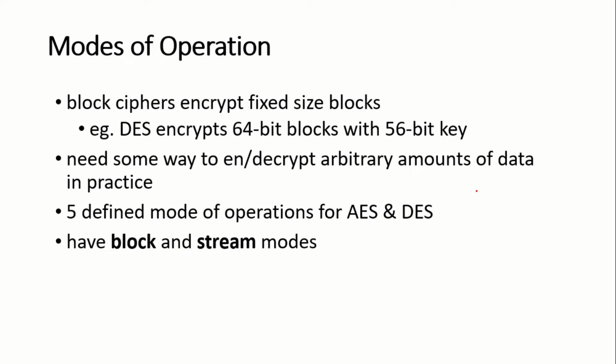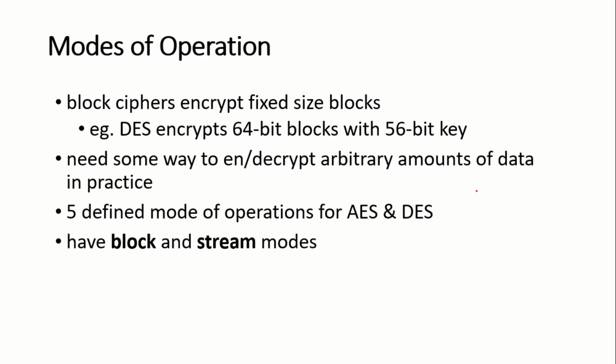As we have seen while discussing AES and DES, DES encrypts or decrypts data which is of 64 bits, and AES encrypts or decrypts data which is either 128 bit, 192 bit, or 256 bit. So both of these algorithms operate on fixed size data, right?